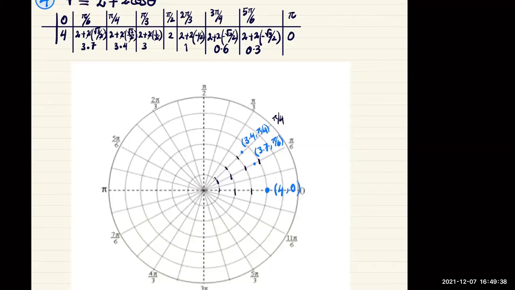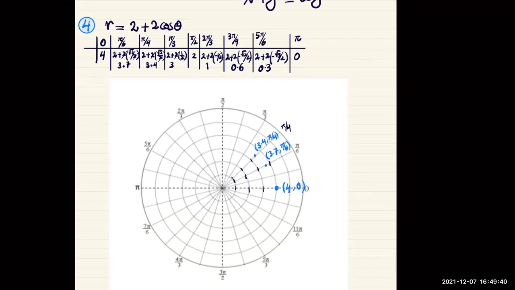Next point is 3, pi over 3. At pi over 3, you go 1, 2, 3, right there. And then we have 2, pi over 2. At this terminal side, you go 2 units, 1, 2.